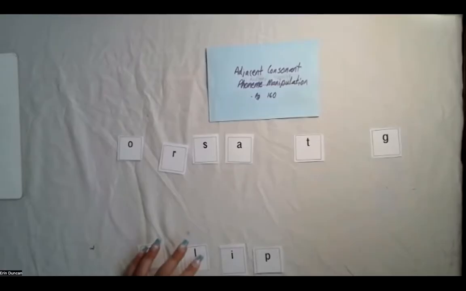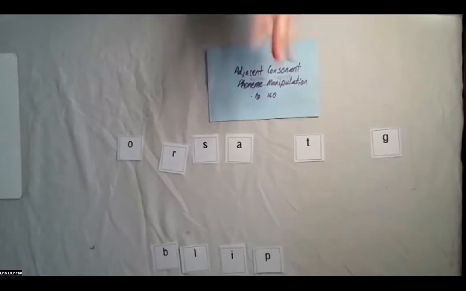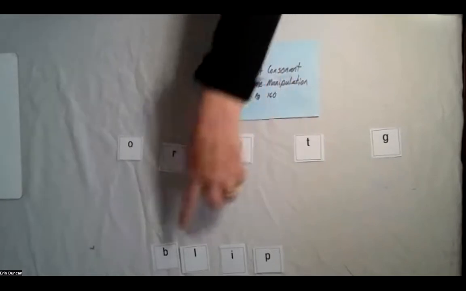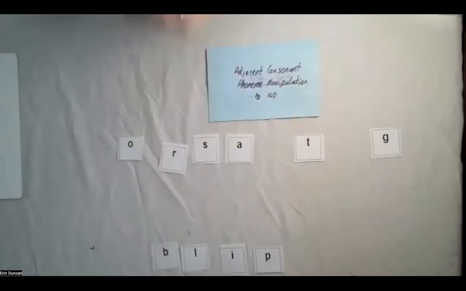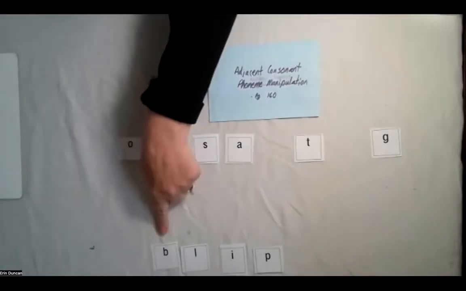Bip, blip. And then blip. Great. They get the idea of how to do the procedure. So you don't need to lead them much after a little while. But some students you'll need to direct each time. That's bip, show me blip, right? Tell me the sounds.